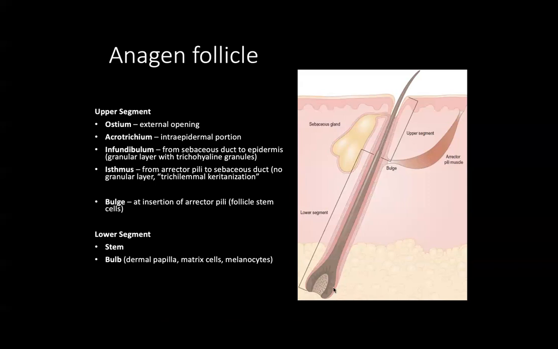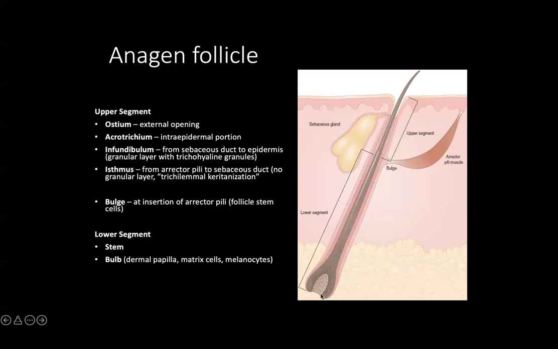And that's why in alopecia areata, we see growth of the hair again eventually once we calm down the inflammation that's occurring mostly at the bulb of the hair follicles. That's just an example of how if you understand normal histology of the hair, you can understand a little bit of the alopecia pathology. All right, now the lower segment consists of the stem and the bulb, as we mentioned.